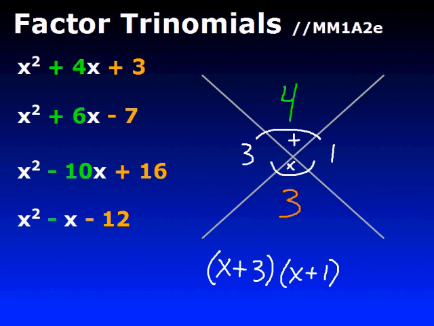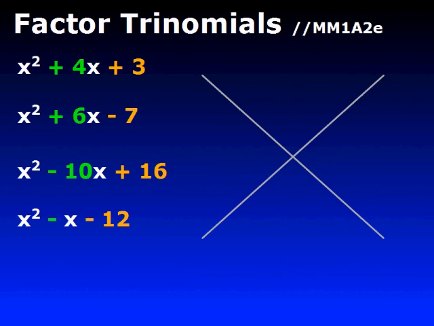Moving on to question 2. Plus 6, minus 7. I need two numbers that add to be 6 and multiply to be -7.